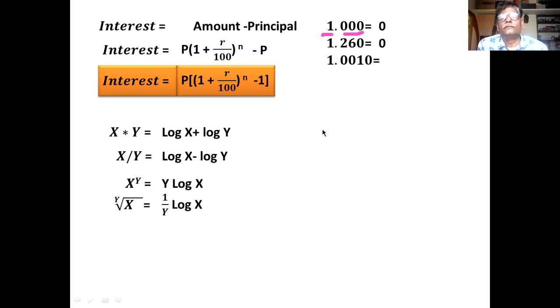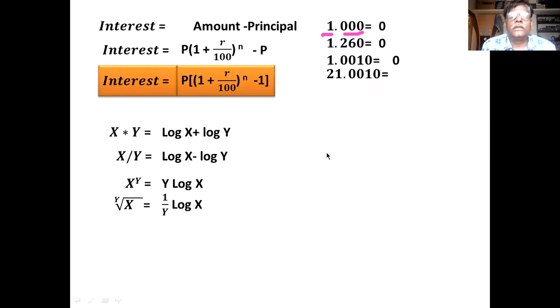Then here you see the number and tell me how many digits are there before the decimal point. What is the characteristic for this? 0 is the characteristic.